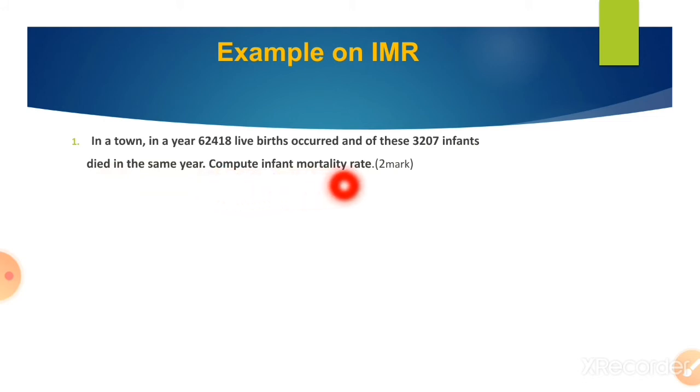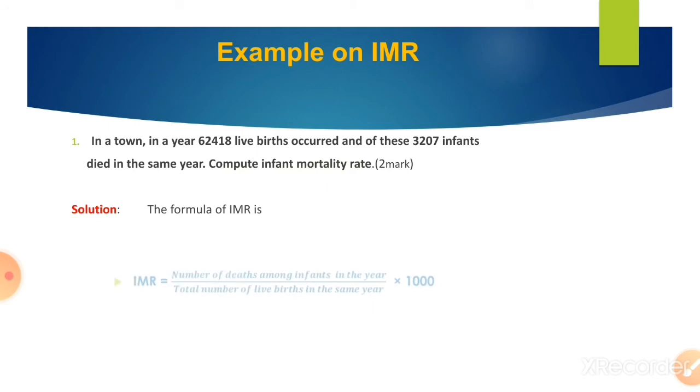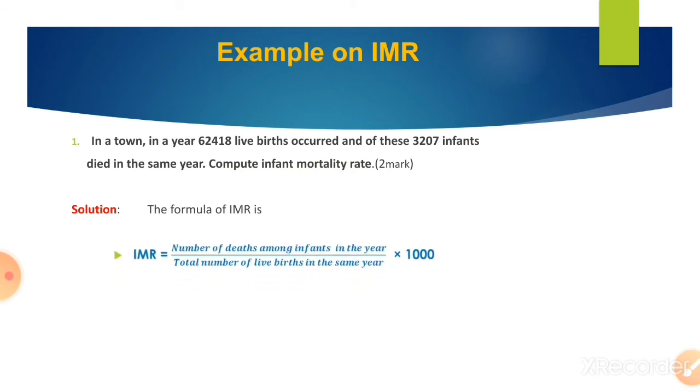Compute the infant mortality rate. Here we have to find out IMR. As we know, the formula of IMR is the number of deaths among infants in the year divided by the total number of live births in the same year, into 1,000.